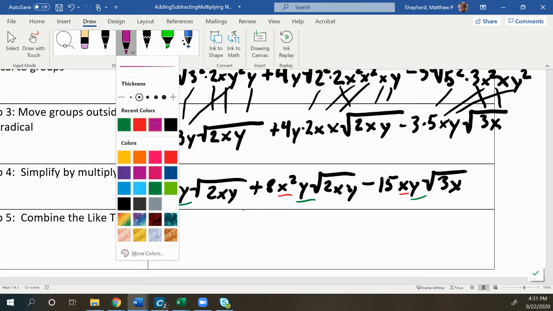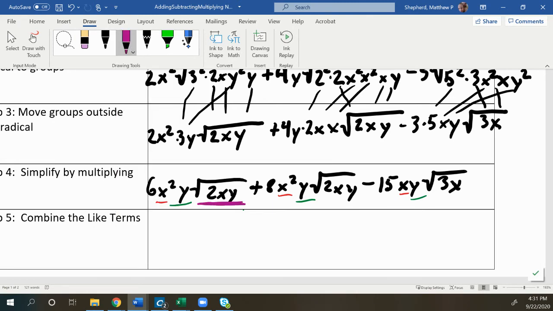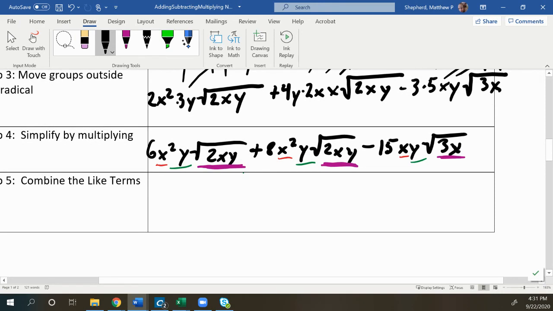There's one other thing that makes that one different. Everything inside of the radical needs to be the same. And once again, that third one is slightly different. So I will not be able to combine the like terms with the third one.